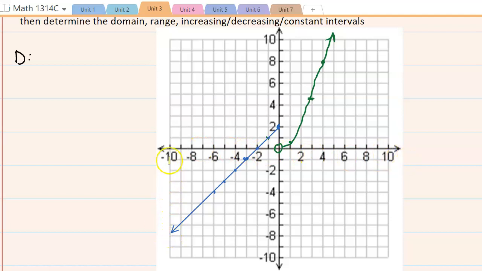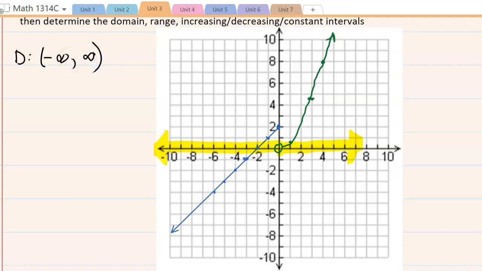So all of these values would be squished onto my x-axis. These values would come down here, including that closed circle. Then all of these would have a shadow going this way with our arrows at the end. So we can see that our domain is going to be from -infinity to +infinity.